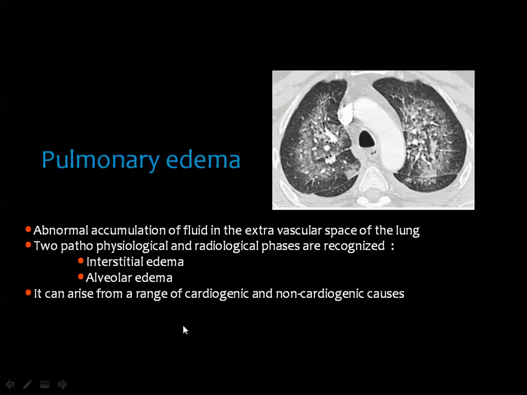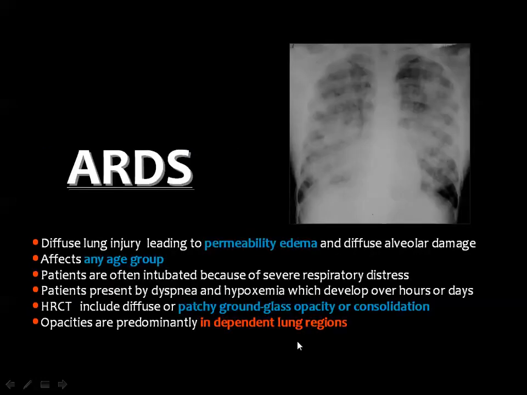Starting with the pulmonary edema, we have mentioned we have two types, interstitial and alveolar edema. We have finished with the interstitial edema and we'll discuss the alveolar edema in the alveolar pattern after that. Then we came to the acute respiratory distress syndrome, which indicates an injury to the lung leading to pulmonary edema and diffuse alveolar opacity.